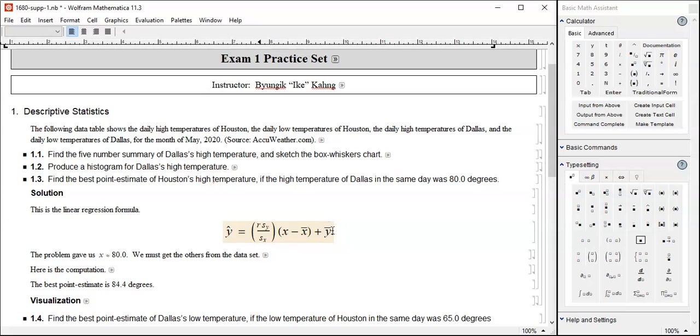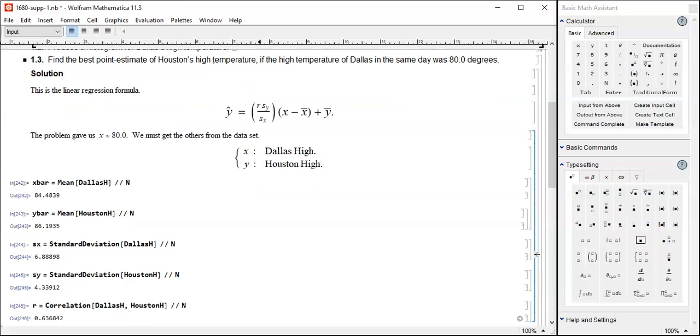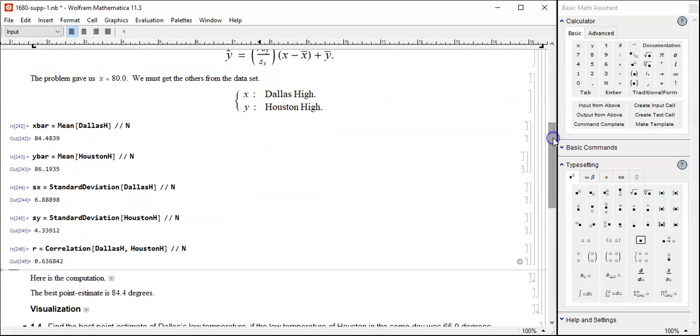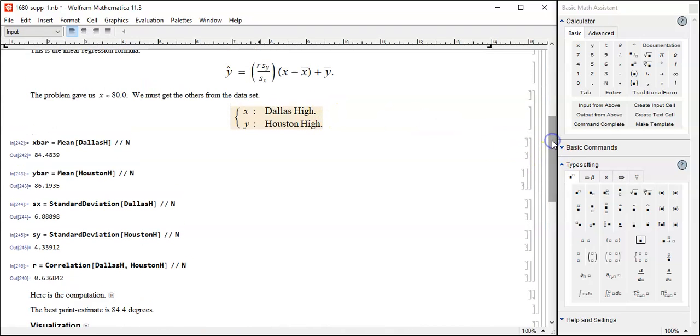That's something you have to figure out. To make the long story short, there you go. X is Dallas high, Y is Houston high, and X bar is Dallas mean, Y bar is Houston mean, and Sx is Dallas standard deviation, Sy is Houston standard deviation, and R is correlation coefficient.